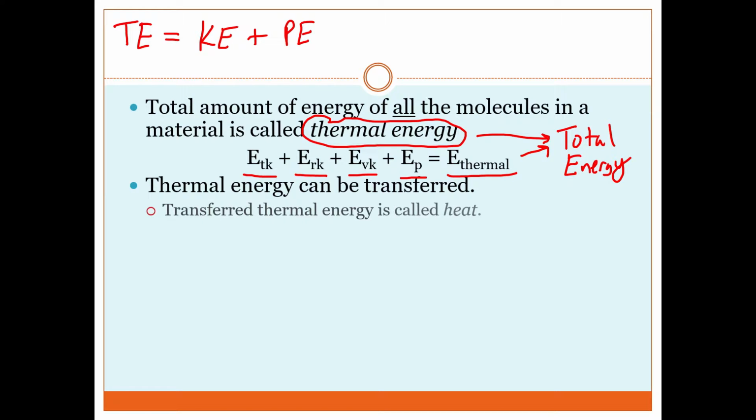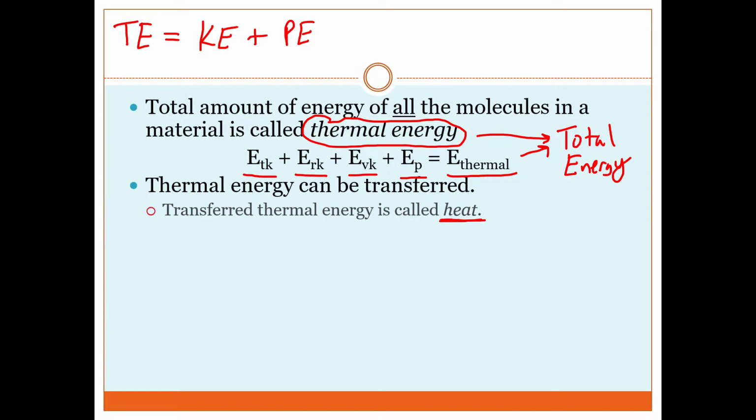Okay, you know this very well. Anytime you touch something hot or anytime you touch something cold, you are transferring some of your energy, or you are transferring some of the energy from the hot object to your hand. This transfer of thermal energy is called heat. Okay, so heat is a transfer of thermal energy.